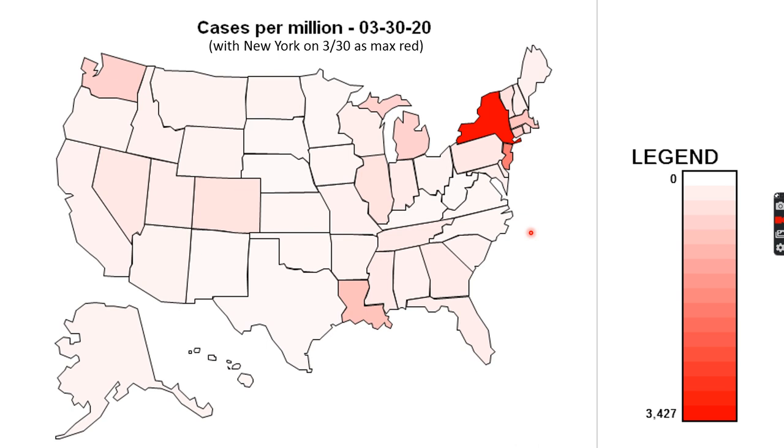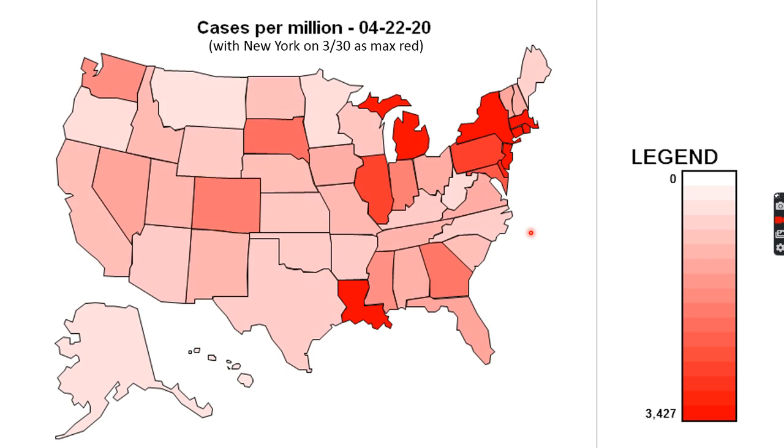Okay, so this is March 30th, and this is going to be weekly. On April 8th, you see that Louisiana reached and actually exceeded New York as compared to New York on March 30th. April 15th, we start to see Michigan reaching that point. April 22nd, Illinois has now reached that, and much of the Northeast as well.